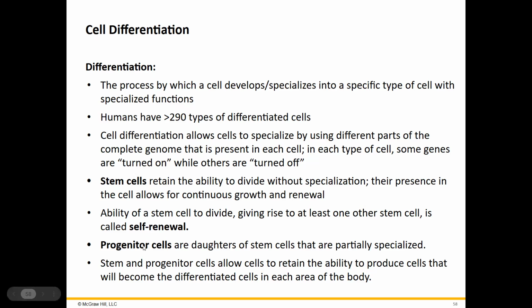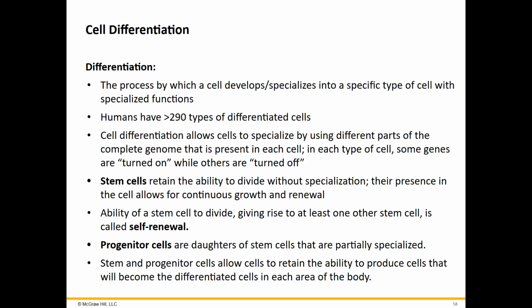A progenitor cell is a type of cell that is partially specialized. So a progenitor cell knows it's going to be a nerve cell, but it doesn't know what kind of nerve cell yet. It might be a brain cell, it might be a spinal cord cell, it might be a peripheral nerve cell.